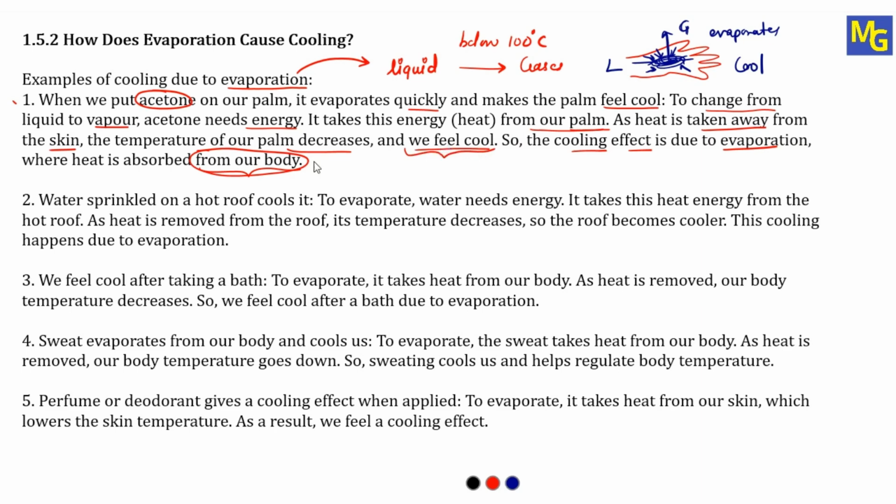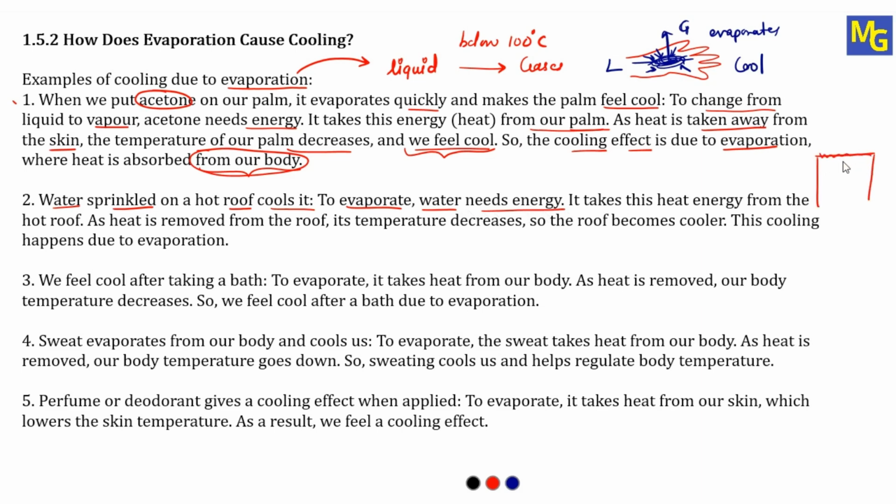I hope you understand. The next example: water sprinkled on a hot roof cools it. You may have seen that if a surface area is hot, water is sprinkled to cool it. Why does this happen? The reason is, to evaporate, water needs energy. Imagine this surface is very hot.